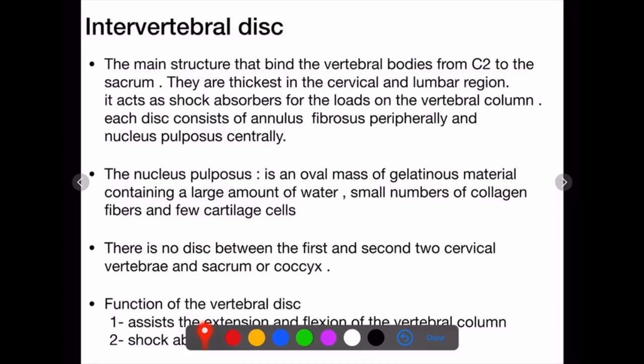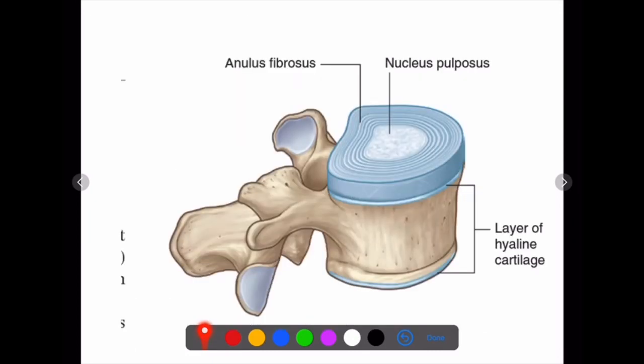The function of the intervertebral disc is to assist extension and flexion of the vertebral column. It acts as a shock absorber. This picture shows the intervertebral disc. Peripherally is the annulus fibrosus, which is composed of strong collagen fibers.